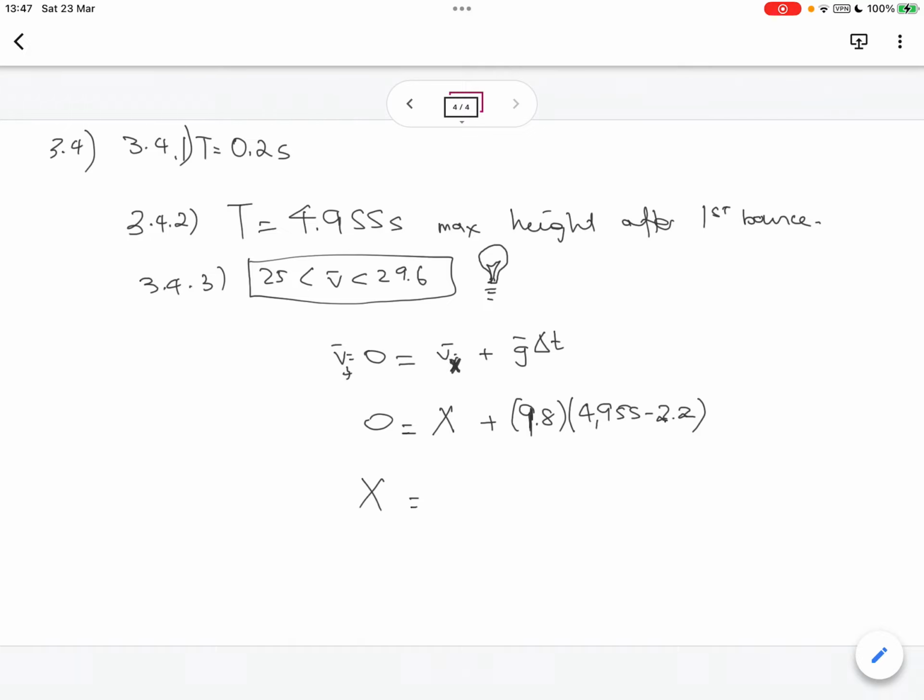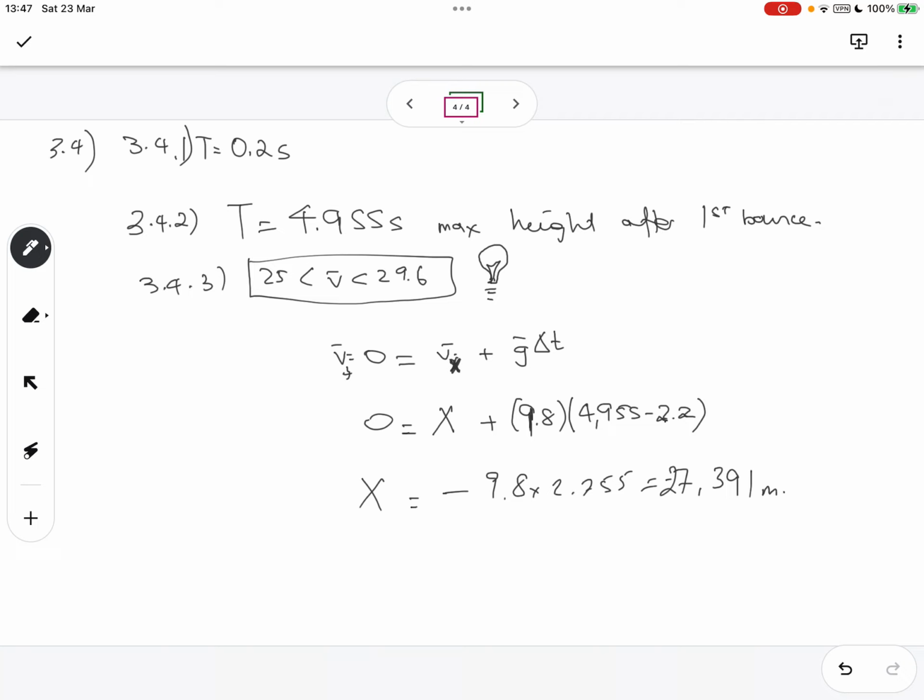Okay, cool. So the velocity at x would be negative 9.8 times, I guess this is 2.755, which is how much? 27.391? Yeah. 27.391 meters per second. So now, remember we said our velocity should be somewhere between 29.6 and 25, give or take.